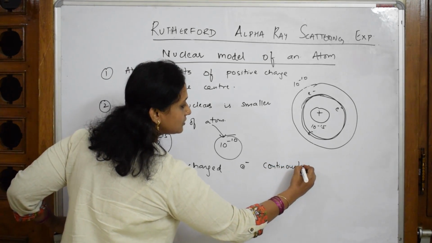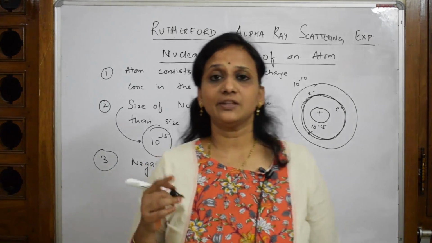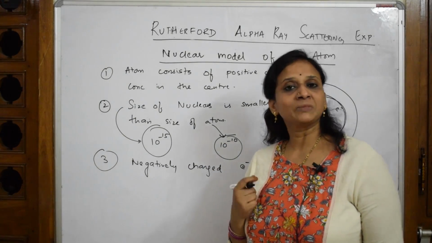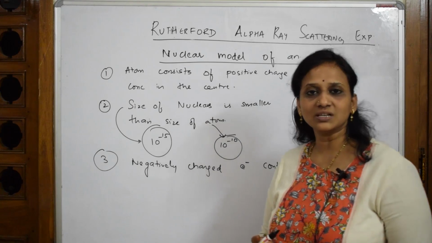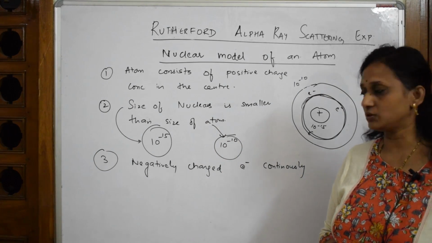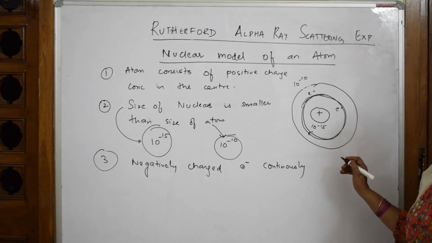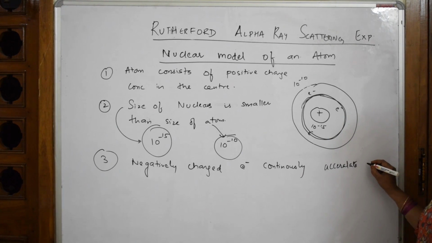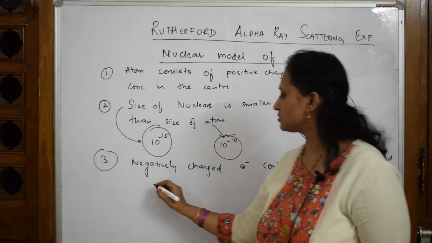This is the word you have to use. There are certain terms you're supposed to use in the answer; you can't write it on your own. These are all the postulates given by Rutherford. So negatively charged electrons continuously accelerate around the nucleus.